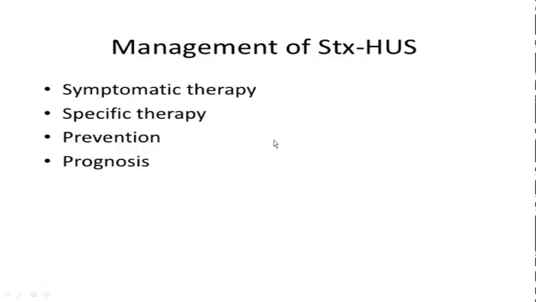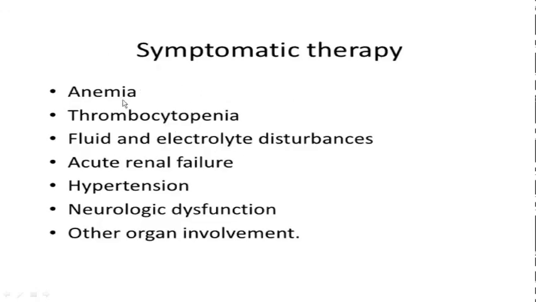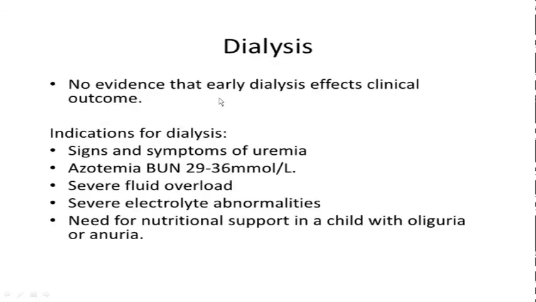Management is symptomatic. Specific symptomatic therapies are needed to address the anemia and fluid and electrolyte disturbances, to prevent acute renal failure, and to manage the hypertension and neurological dysfunction. There is no evidence that early dialysis affects the outcome, but indications for dialysis can be anuria, symptoms of uremia, symptoms of fluid overload, or any severe electrolyte abnormalities in the form of hyperkalemia.